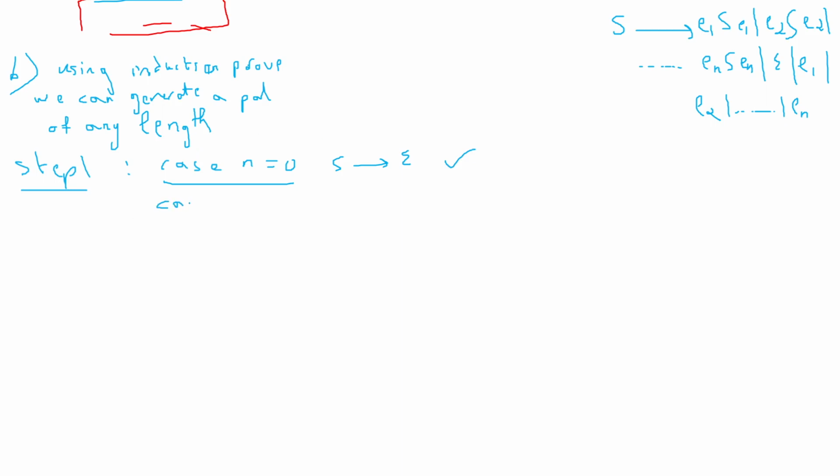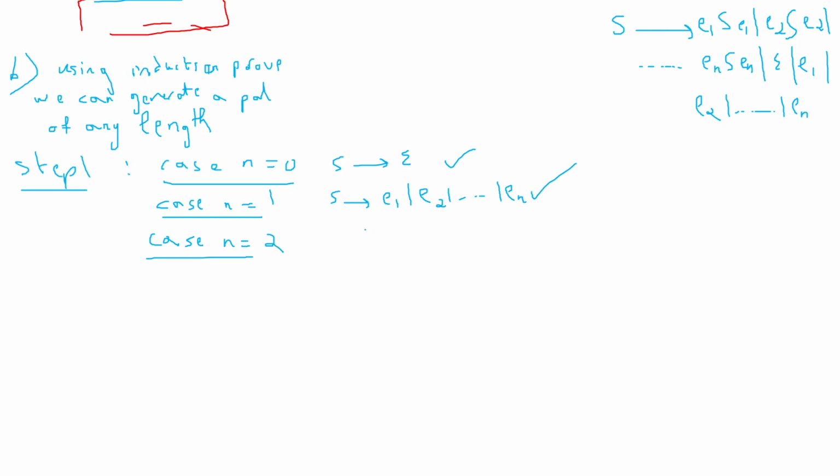Let's do a few more. Case n is 1. Do I generate all the strings that are of length 1 that are palindromes? Yes. S goes to e1, e2, etc. These rules all generate all the palindromes of length 1. One more, do I generate all the strings that are of length 2?